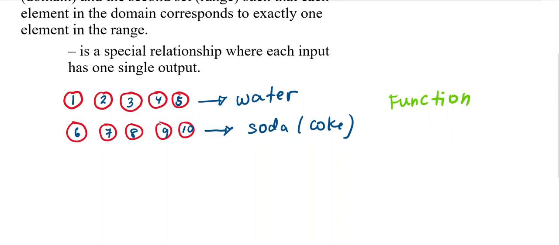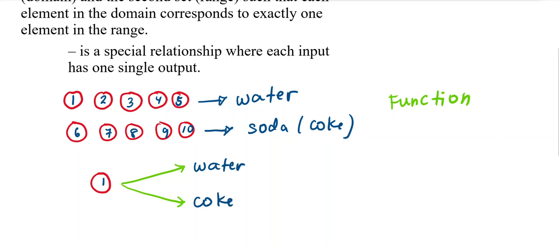Now, it's not a function when, let's say, I press 1 and I'll get either water or Coke.